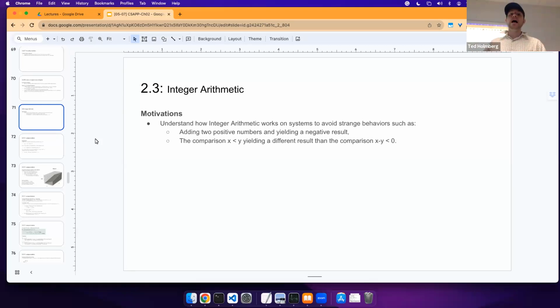And then also how the comparison between x being less than y might yield a different result as opposed to a comparison where x minus y is less than 0. So mathematically, those seem comparable. But once we start devising schemes, you could see why they might not be analogous to one another. You might want to be more specific when you go and lay out your logic.